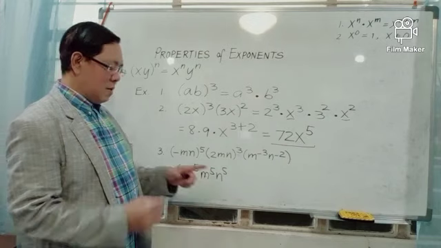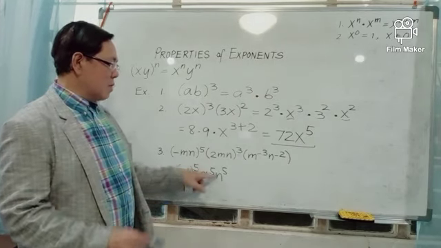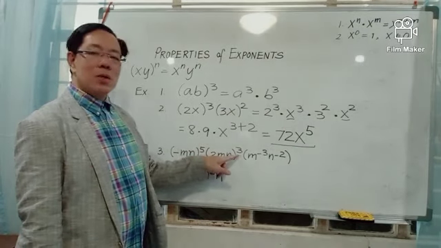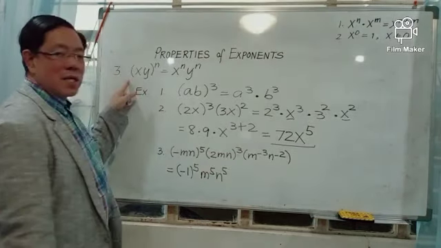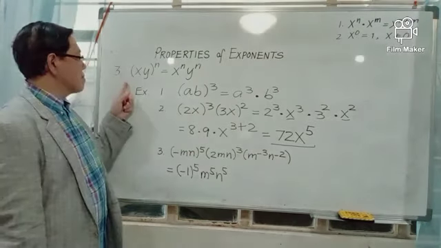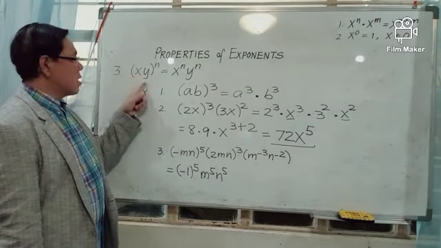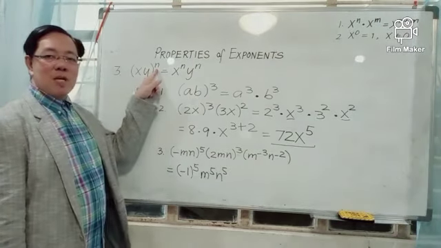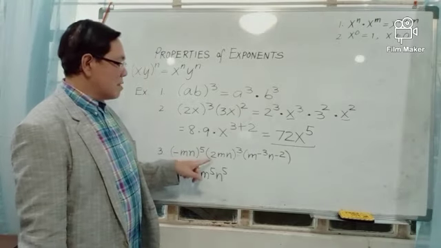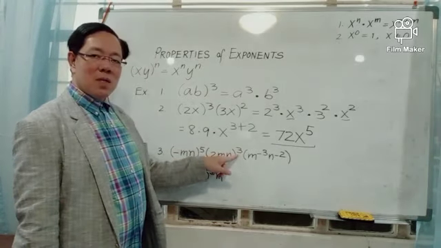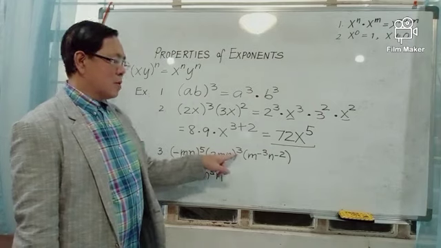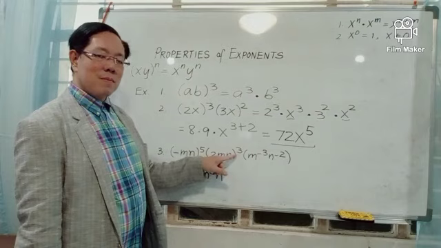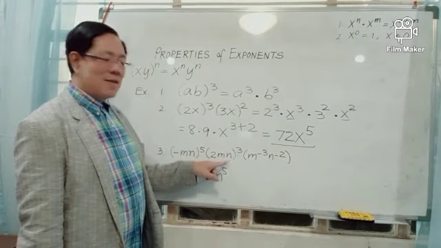And to this product, we multiply by the simplified form of 2mn to the power 3. Again, by the third property of exponent, you raise each factor of the product inside the quantity to the same exponent. Thus, 2mn to the power 3 equals 2 raised to 3 multiplied by m raised to 3 multiplied by n raised to 3.